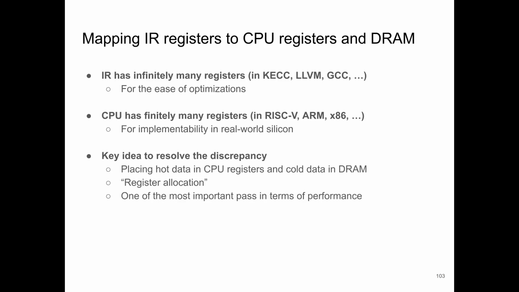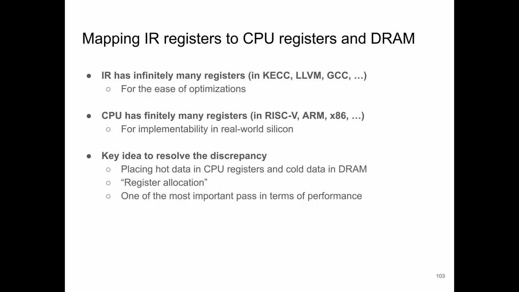The reason for this choice is that it greatly eases the implementation and verification of optimizations. In the optimization, you can freely add new registers because there are infinitely many registers. And in the IRGen, again, you can use any number of registers, so it eases the implementation of IRGen.